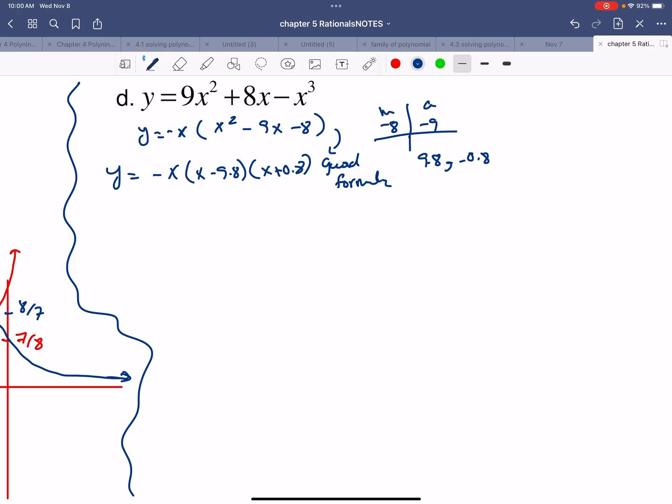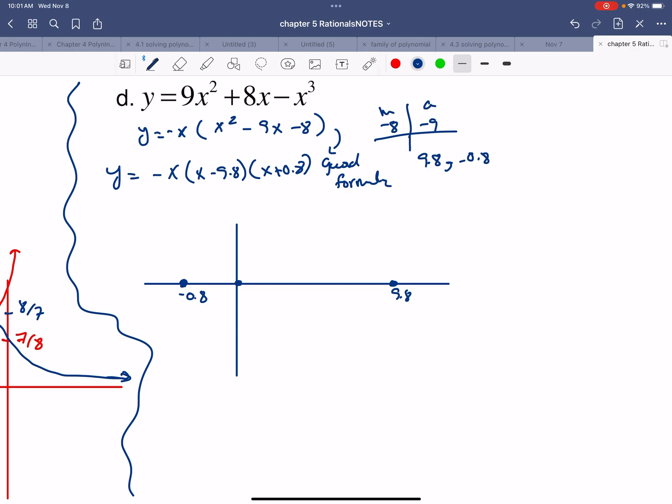So once you find your x-intercepts, you can now graph. My x-intercepts are negative 0.8, 0, and 9.8.